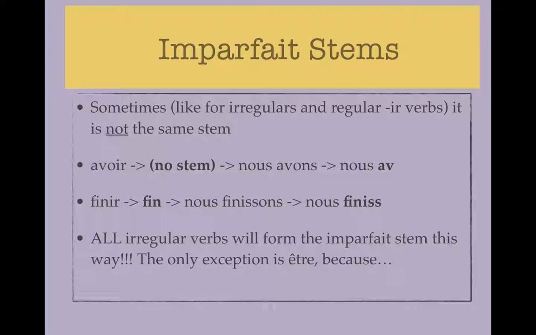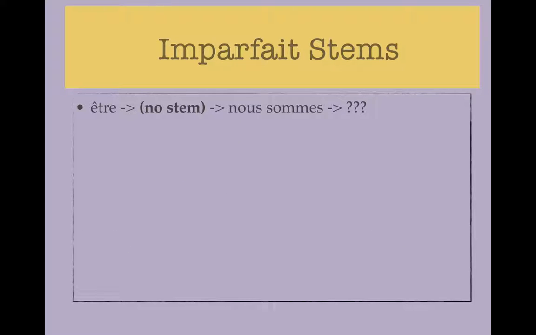Every single verb, even irregular verbs, will form the imparfait stem this way. There's only one exception in the entire language, and that's the verb être. That should be fairly obvious when you go through these steps. Être has no stem, but we can conjugate it in the présent for nous, nous sommes. We go to drop off our ONS, and there isn't one.